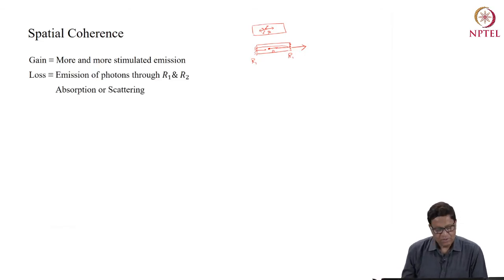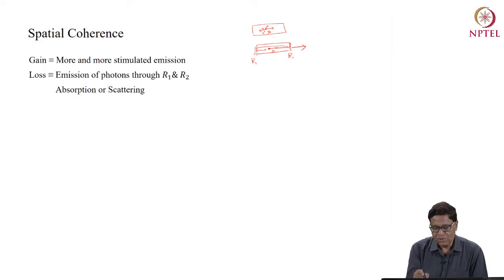So in order to have spatial coherence, we want to have high gain, that is more and more stimulated emission, so that it compensates for the loss. And the loss is happening because some light is coming out of this R1 or R2, and some absorption and some scattering is happening inside the material.